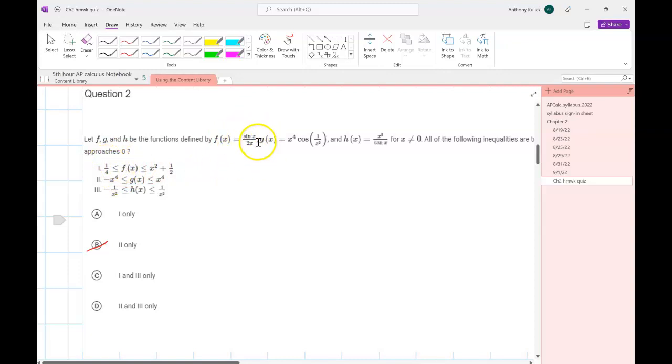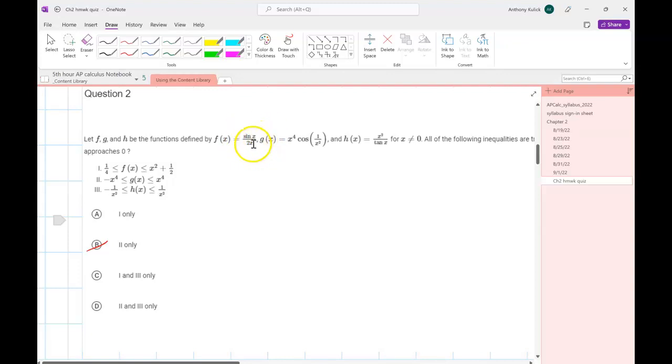Well, as x approaches 0, this is undefined, but the maximum value this could have would be when sine is at pi over 2, where it's at +1.